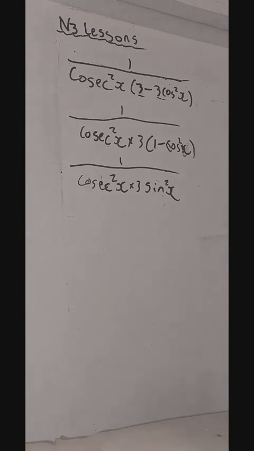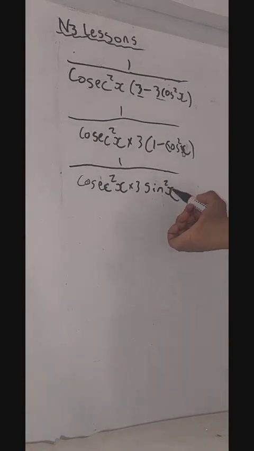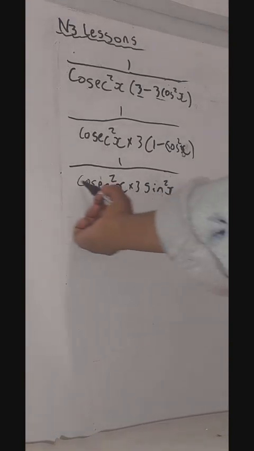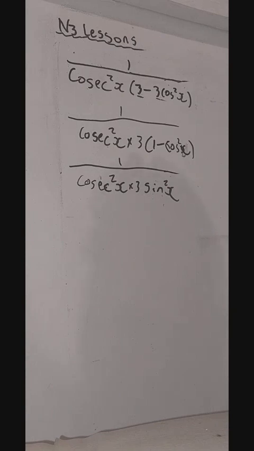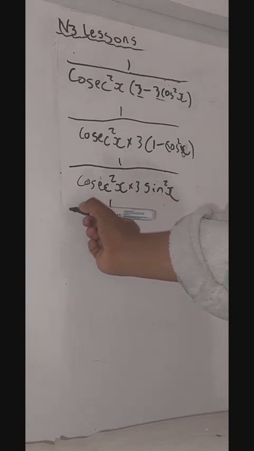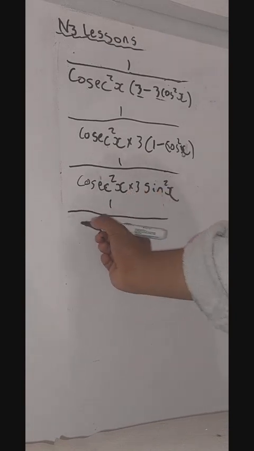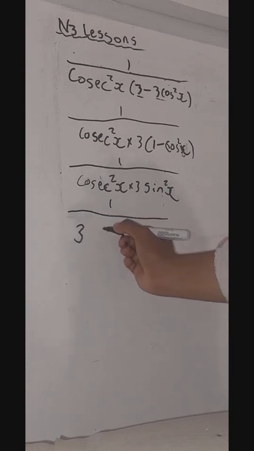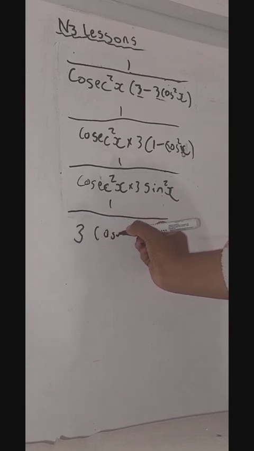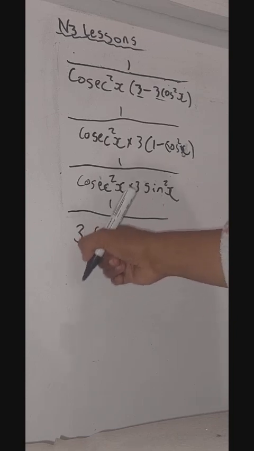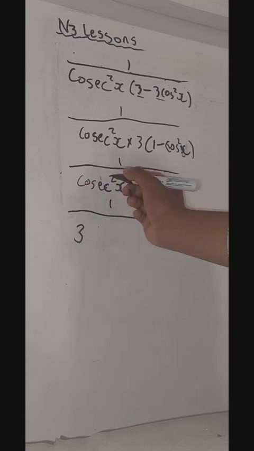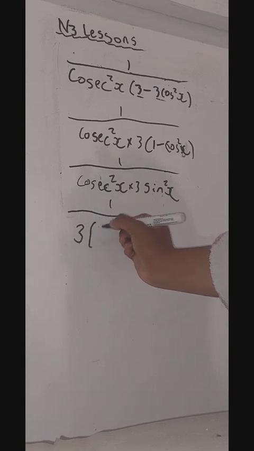So here we find our answer to be 1 over cosec squared x times sine squared x. This is just multiplication. That means it's one thing. I can put it the way I want to put it, right? So let's continue. I'm going to put 3 here at the start and cosec again. Now I want to change this cosec squared x.